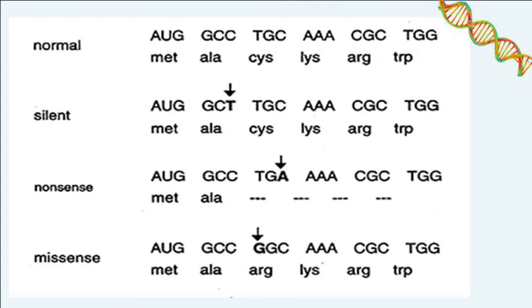In the next case, at the third codon, in the normal TGC, the T is replaced by G. Then the amino acid cysteine is replaced by arginine. So there is a change in the amino acid, and that change may be responsible for a change in the function of the protein. Therefore, this type of mutation is called a missense mutation.